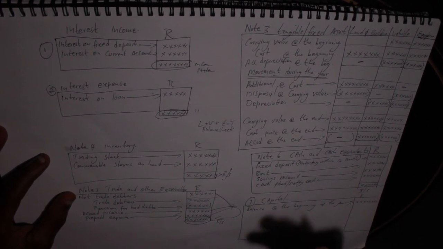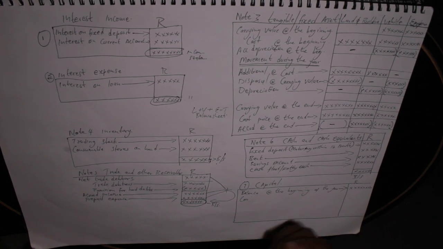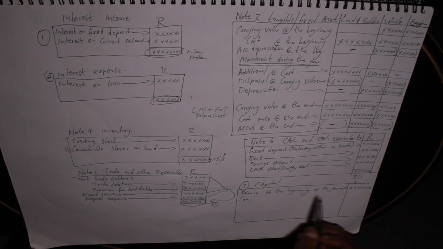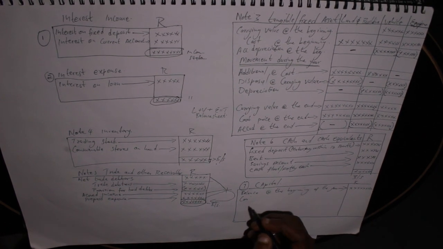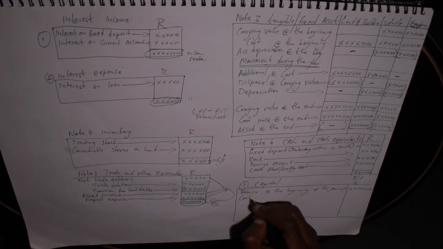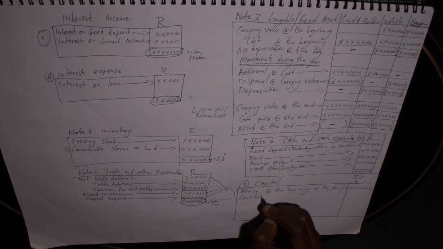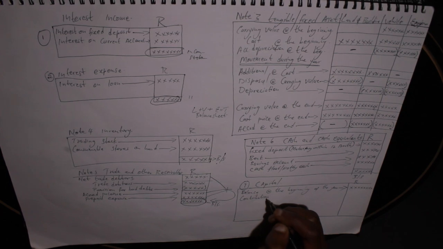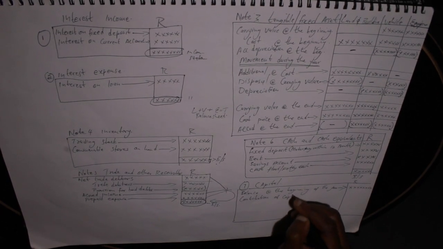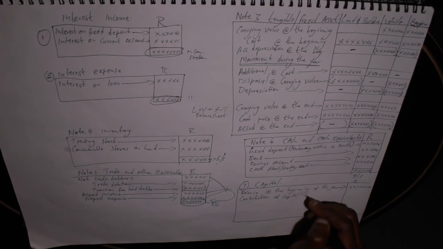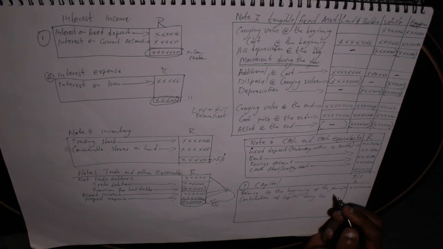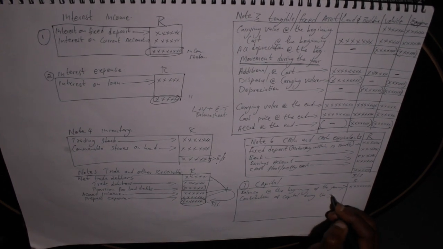Then what can happen during the year? Note number 7, capital, as we continue. We have the balance at the beginning of the year, we show it there. During the year, we can have contribution of capital. It's possible that the owner or owners can contribute capital during the year.